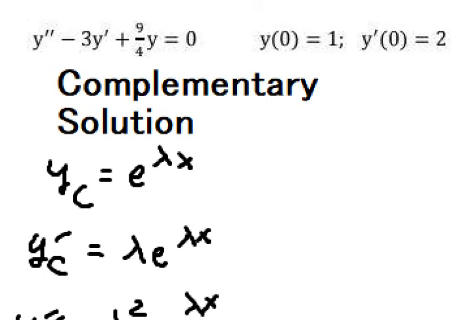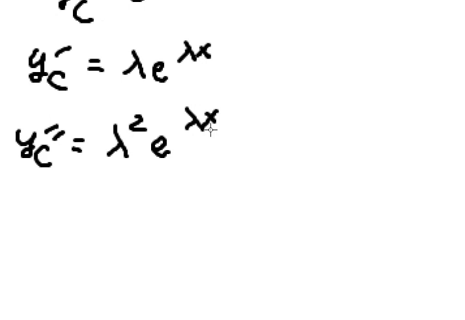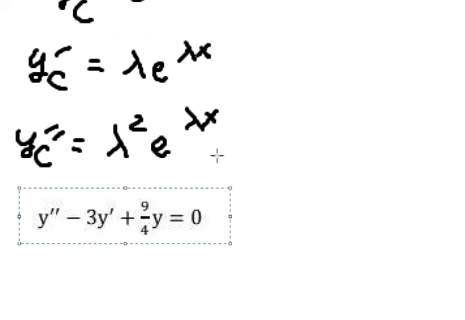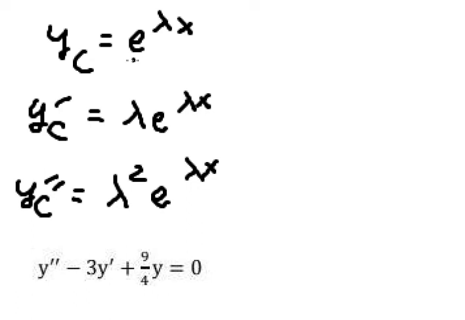Now we put this one in here. So yc, we put this one in here. First derivative, we put this one in here. And second derivative, we put this one in here.